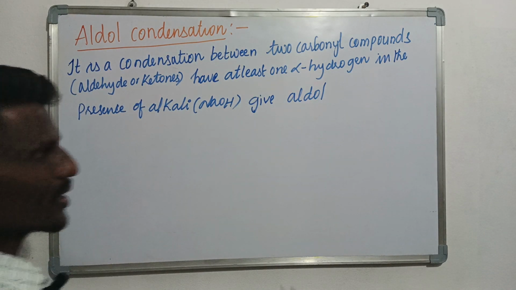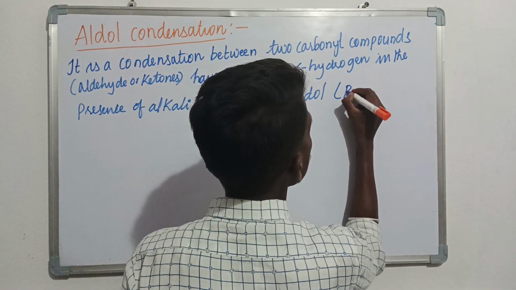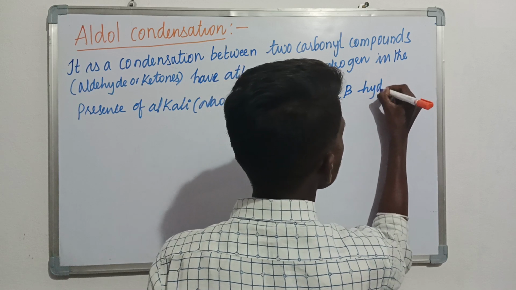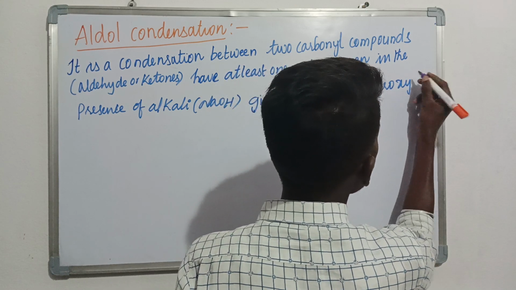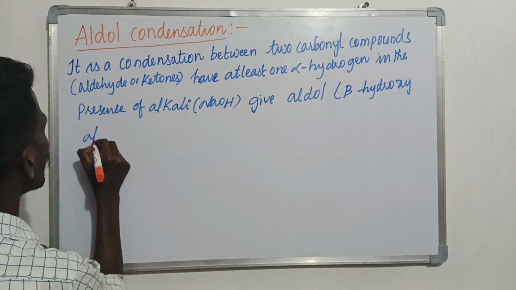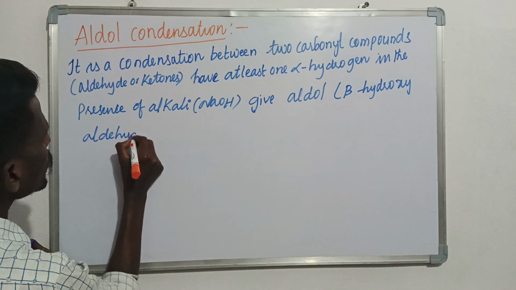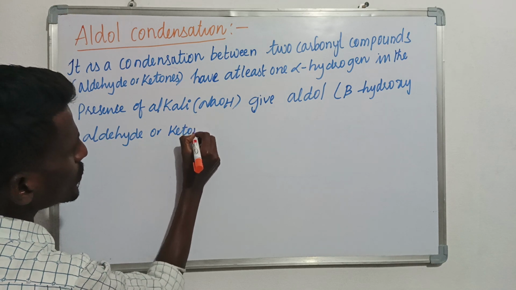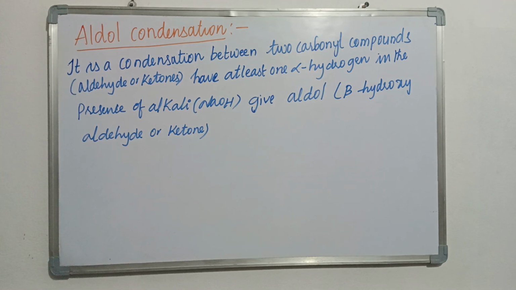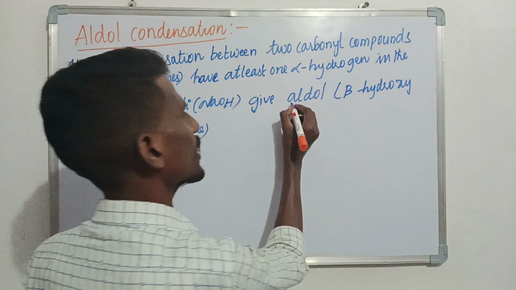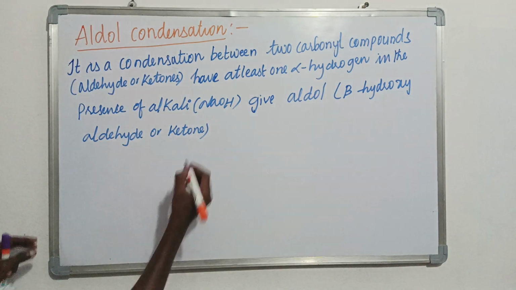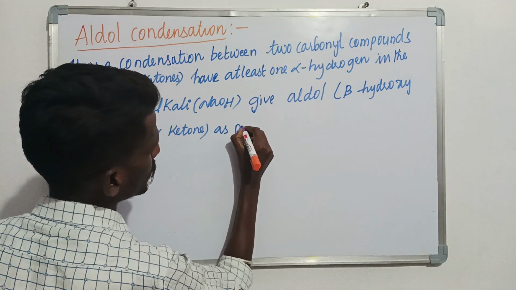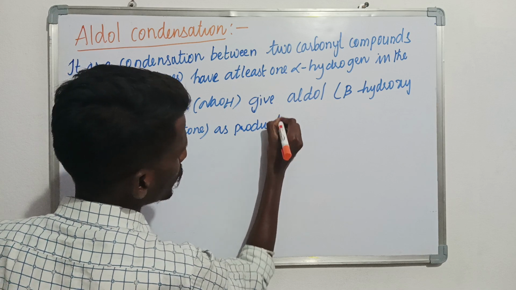So what is aldol? It means a beta hydroxy aldehyde or ketone. This is called an aldol as the product.